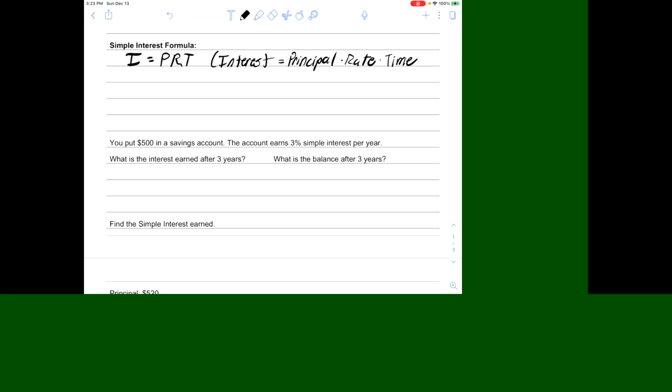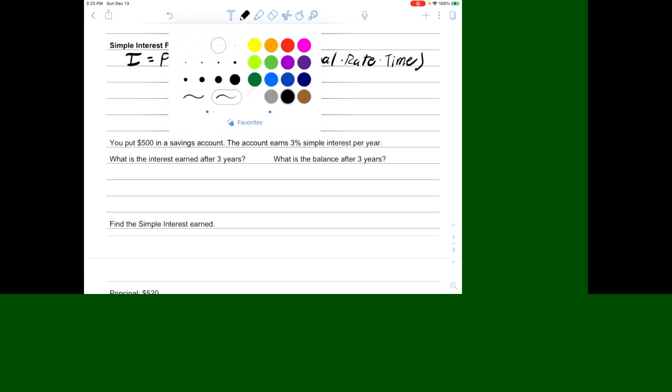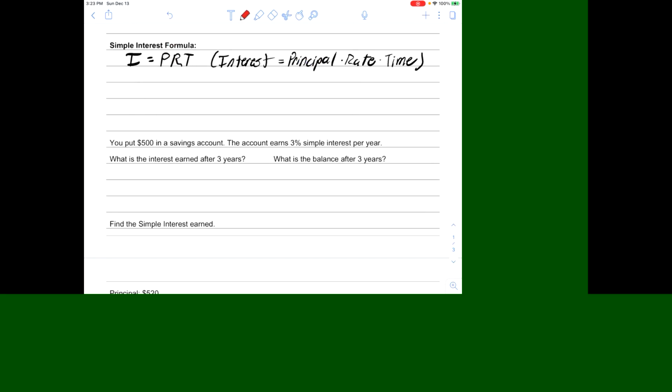A couple important things for this formula: when you are doing this, the interest equals the principal times the rate times the time. The rate has to be as a decimal, and the time has to be in years. So your percentage interest rate, you always have to put that in as a decimal.